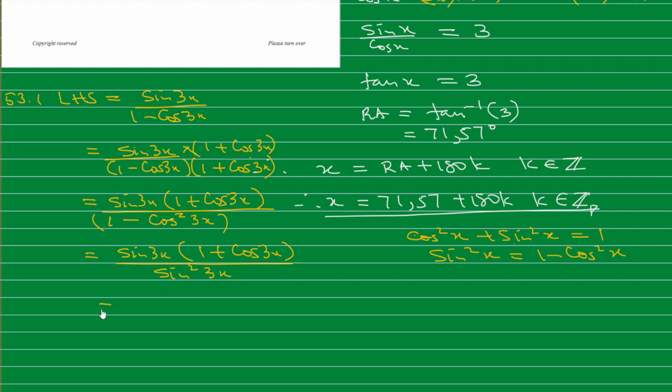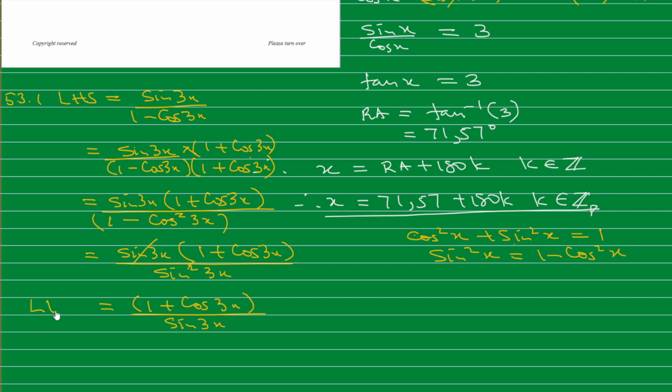Now simplifying that further, we have a sine 3x here. Remember, sine squared 3x means sine 3x by sine 3x. So when we cancel this, there's one sine 3x left. Eventually we are going to have 1 plus cos 3x divided by sine 3x.